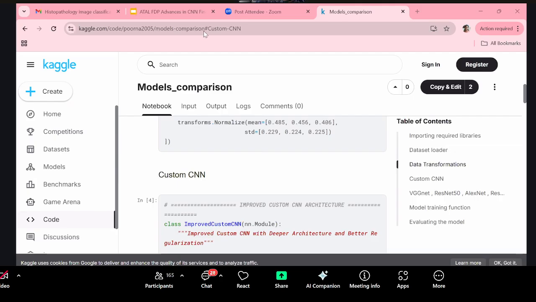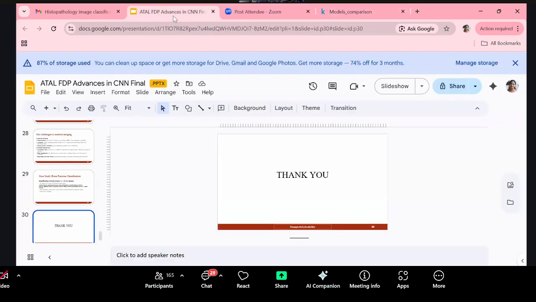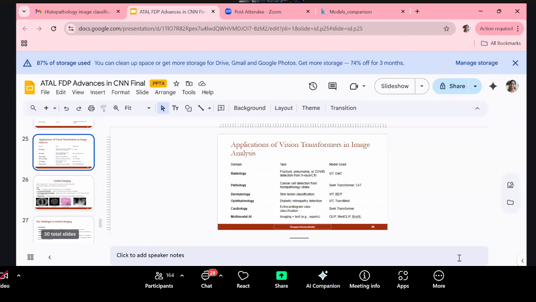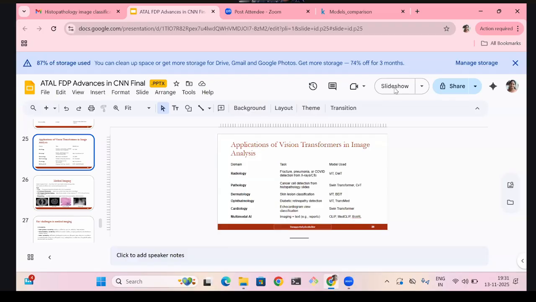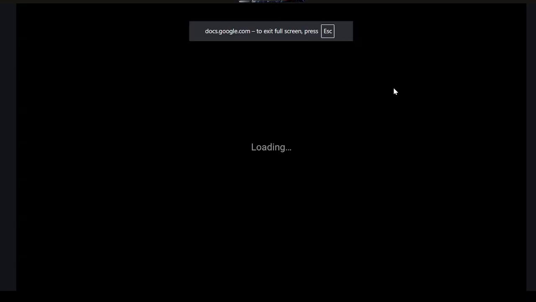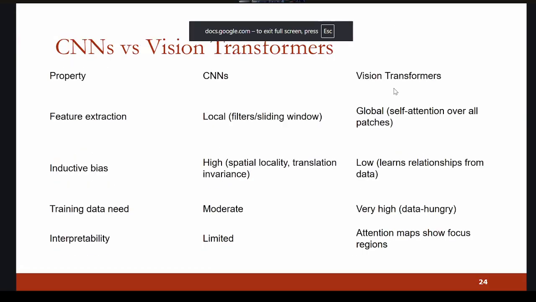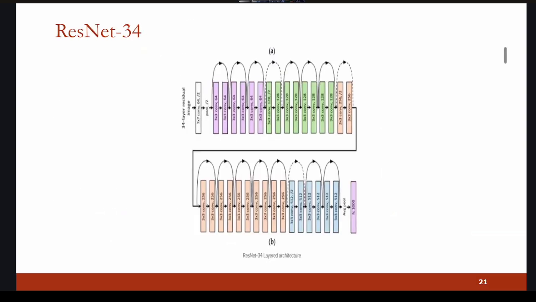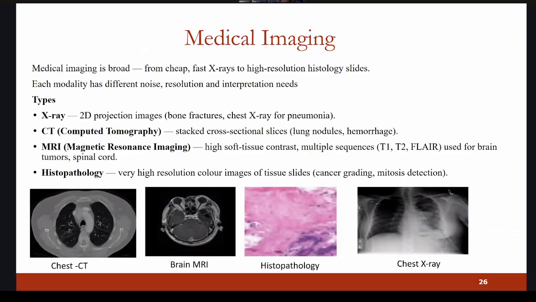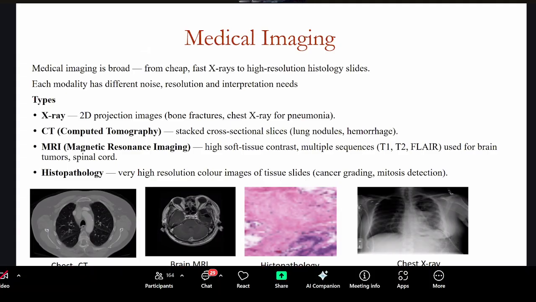Okay. This one, medical imaging. Yeah. Okay.